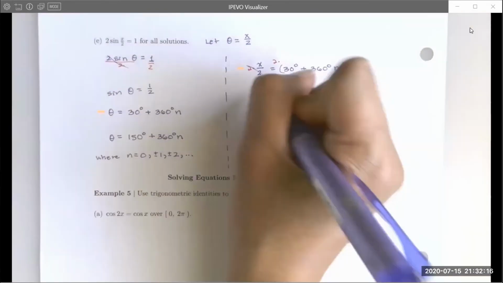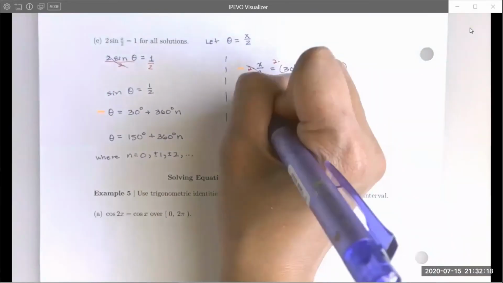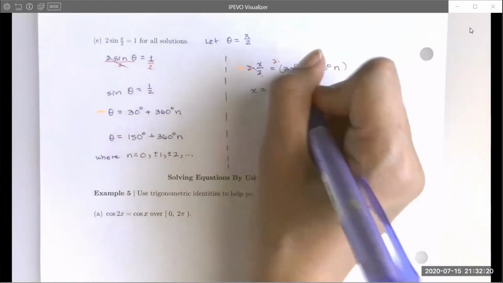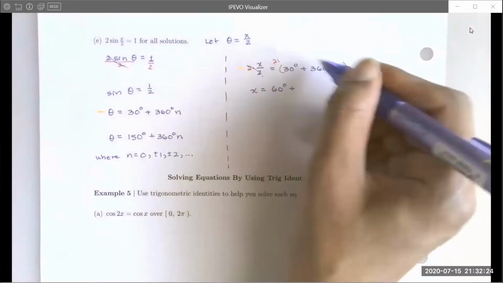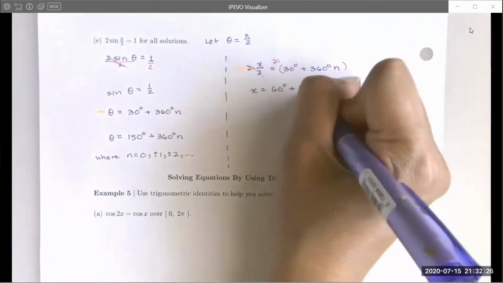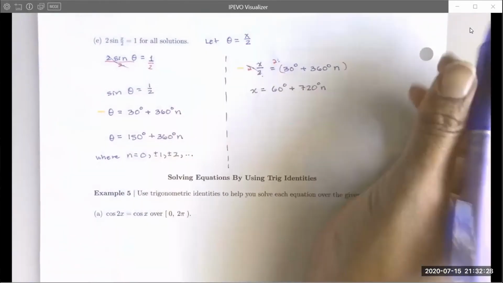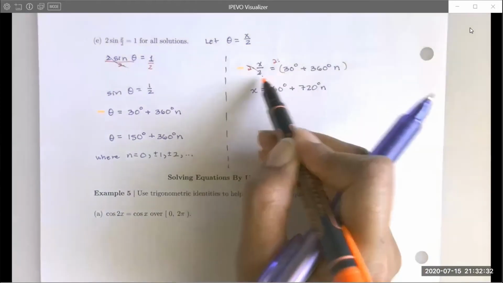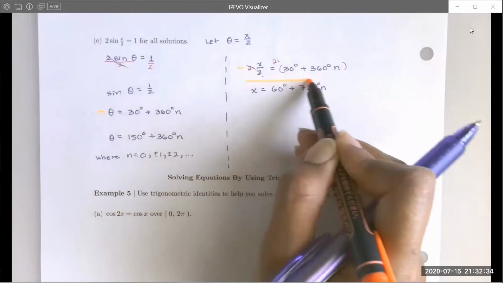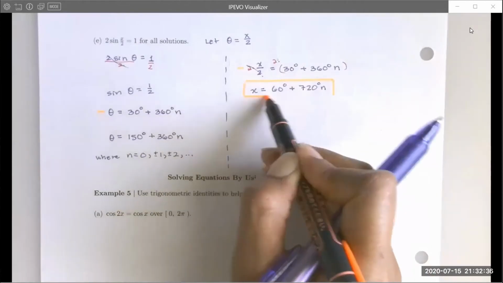And we're going to get x is equal to, distribute the 2, 2 times 30 will give us 60 degrees, plus 2 times 360 will give us 720, and then times n. So that would be one part of the answer.